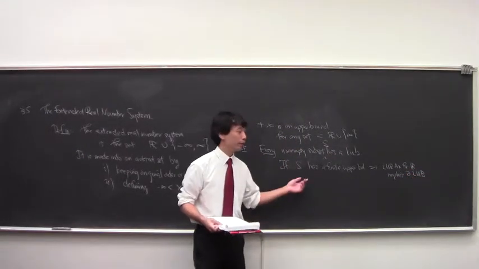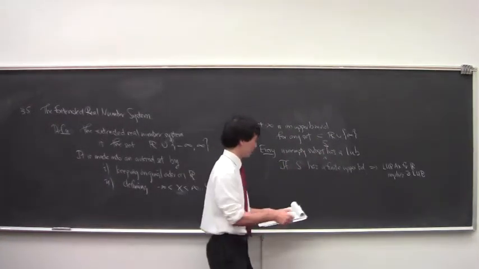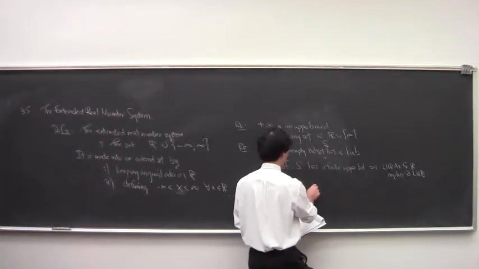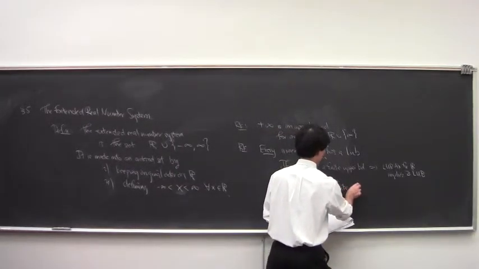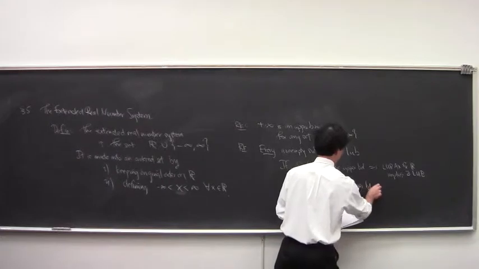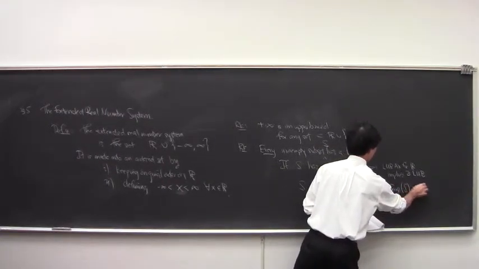And if there is no finite upper bound, then infinity is your least upper bound. So if S has no finite upper bound, then the supremum of S is just infinity.